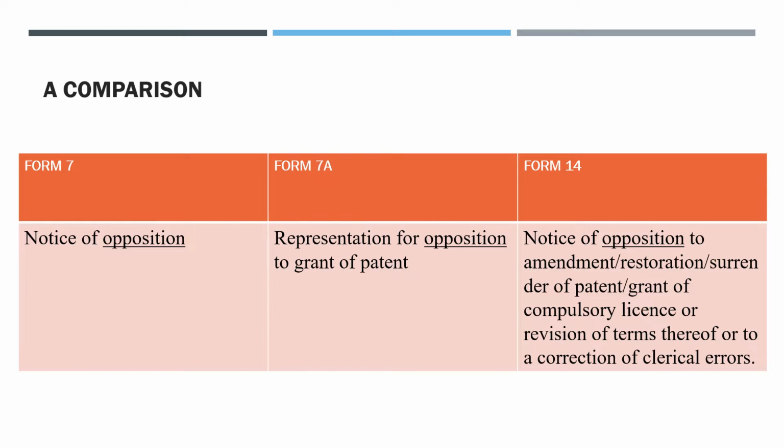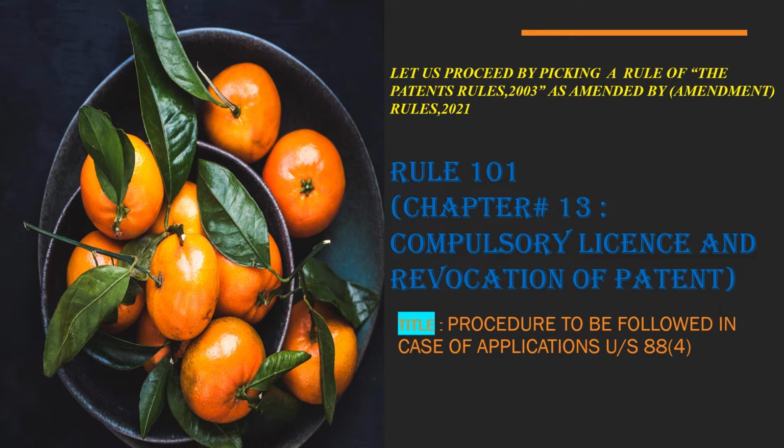Fine. Now let us proceed by picking a rule of the Patents Rules 2003 as amended by Amendment Rules 2021. And here I have taken rule number 101, and this comes from chapter 13, and the title for chapter 13 is Compulsory License and Revocation of Patent. Okay, and here we can see friends, rule number 101 has the title Procedure to be followed in case of applications under section 88 subsection 4.